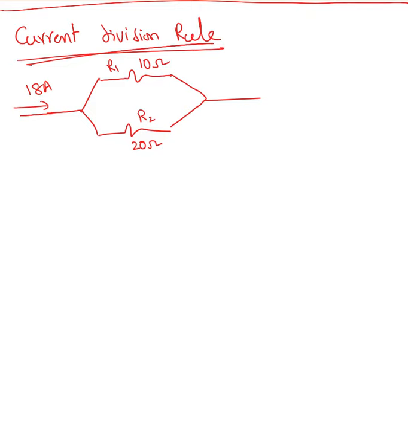Now, if you want to find the current passing through each resistor, how do we find this? First thing, we need to calculate the total resistance, 10 parallel with the 20, which is 10 times 20 divided by 10 plus 20, 200 over 30, which is 6.67 ohms, right?